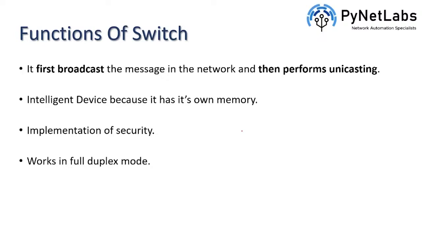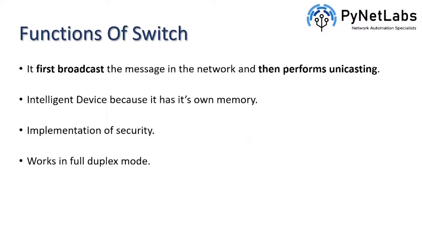Full duplex means that devices connected to a switch can communicate at the same point of time. It is not mandatory that if one of the devices is communicating with the switch, the other has to wait. That is half duplex communication. But when we talk about full duplex, at the same time, multiple devices can communicate with each other.